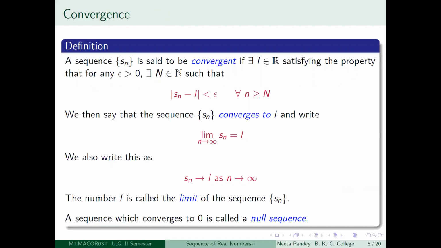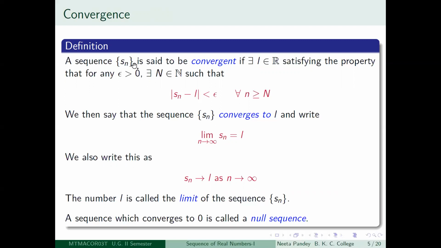Okay, so I have decided to give the definition of the limit also first, and then go on to examples, so that all the concepts will be cleared using each and every example. So suppose you are given a sequence. Notice I'm writing a sequence Sn here, meaning that even though I'm using the notation which looks the same as a singleton Sn, this is not the singleton Sn, it is the sequence Sn.